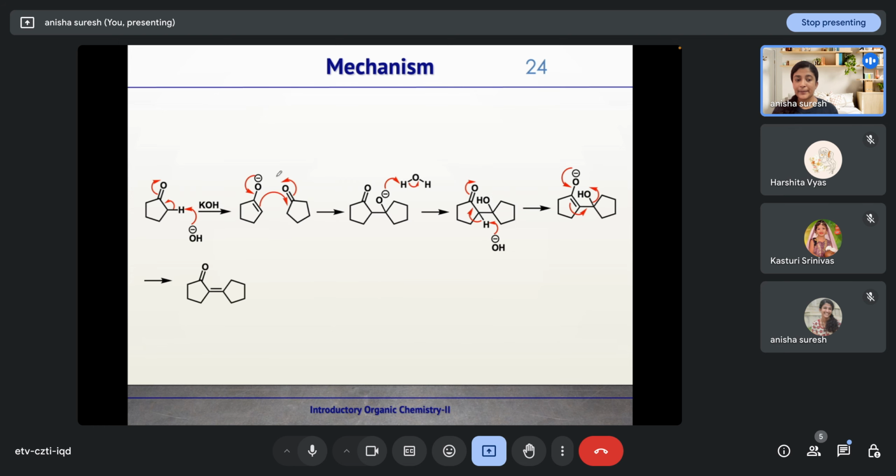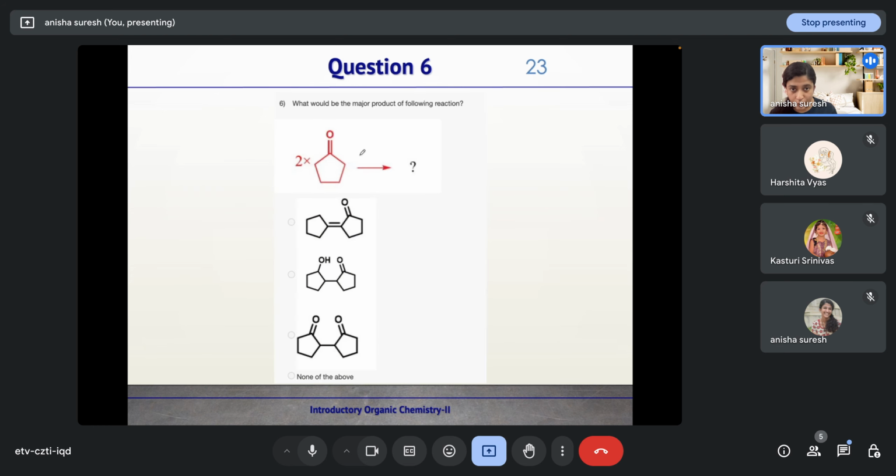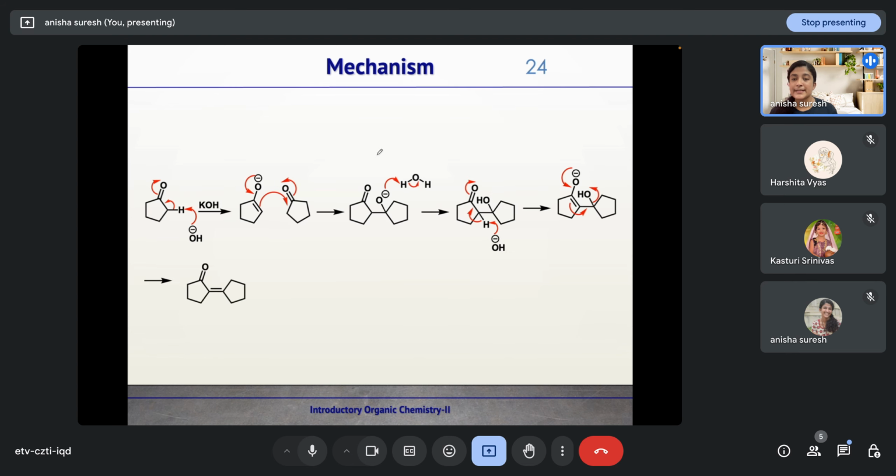So the mechanism will be like, here they have forgotten to mention the base, that is KOH. So in the presence of the base, the OH minus will be abstracting this alpha hydrogen. So this enolate will be resulting, and this enolate will go and attack on this carbonyl center, leading to formation of this intermediate.